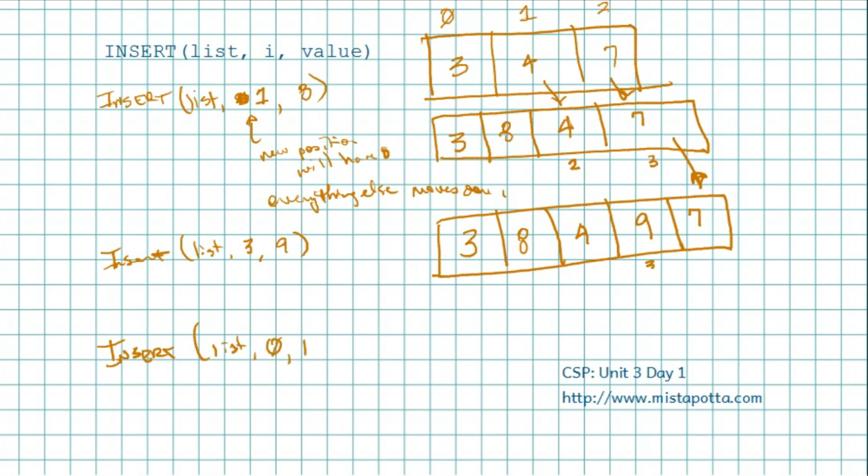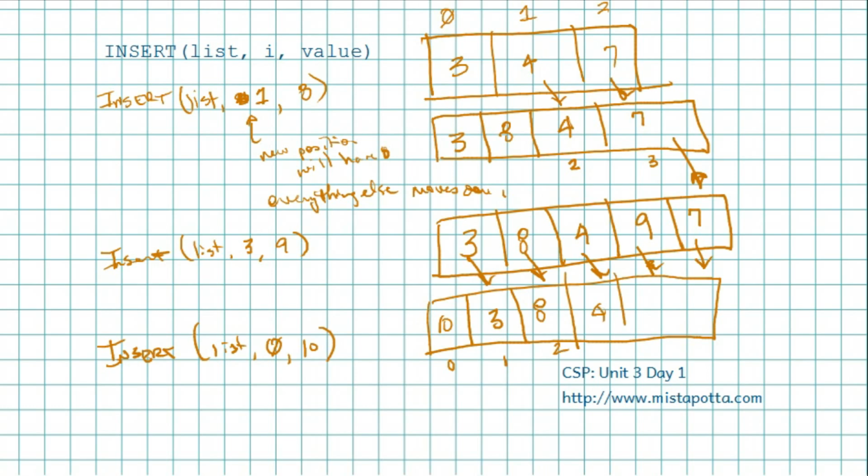I could insert a 10, in which case position 0 now contains the 10, and all of these other positions get knocked down. So 3 is now in position 1, 8 is now in position 2, 4 is now in position 3, 9 goes to position 4, and now the 7 is in position 5.